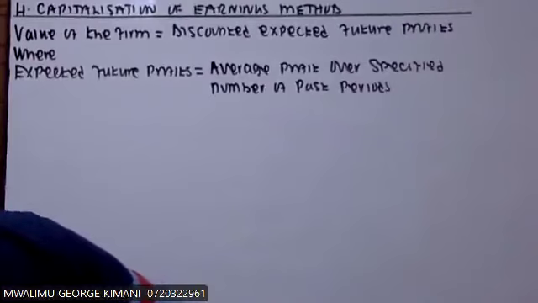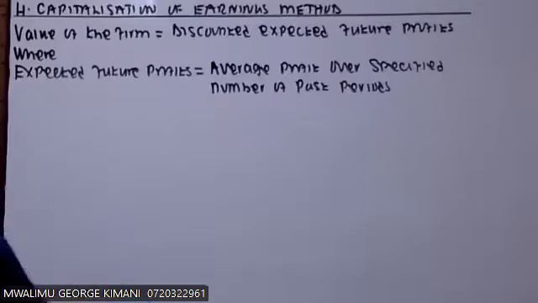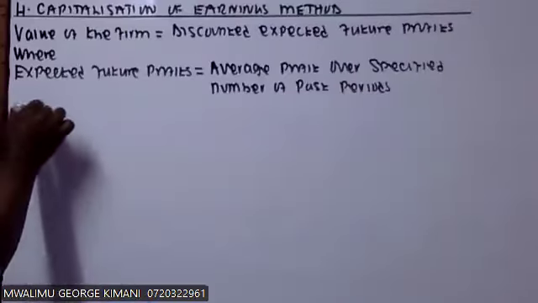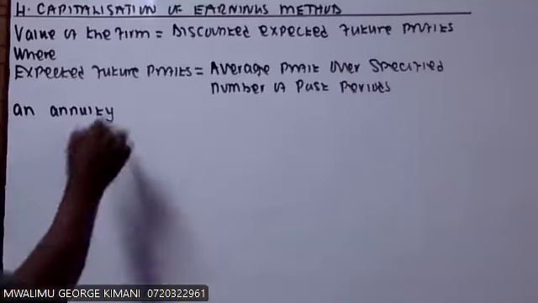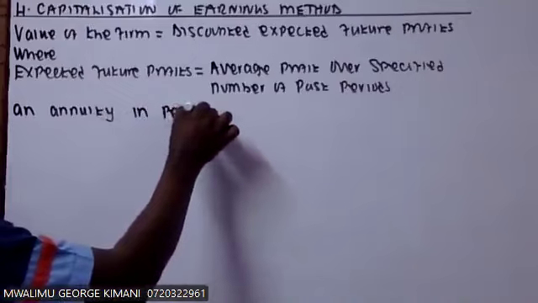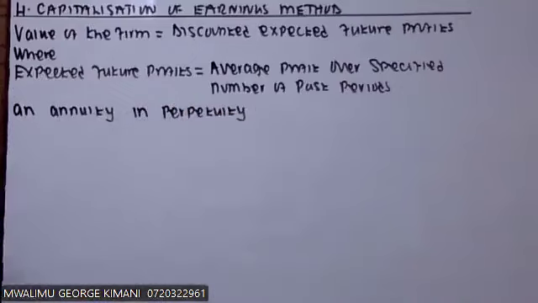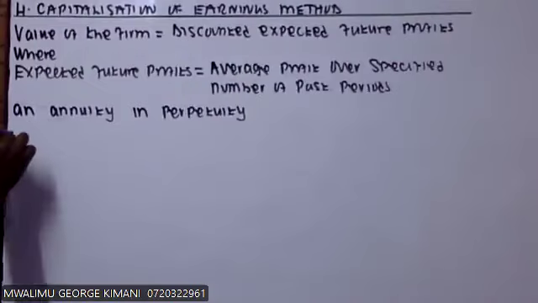Then you write another statement that since the firm is a going concern, profits per year becomes an annuity in perpetuity, and hence, you write this formula.